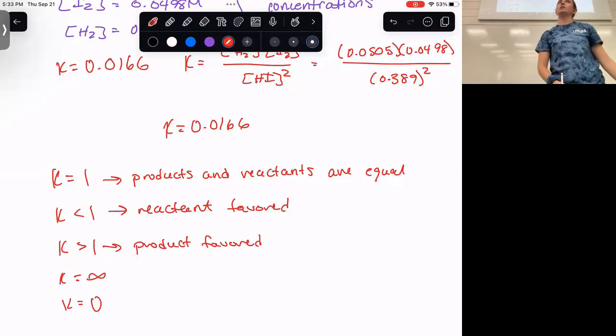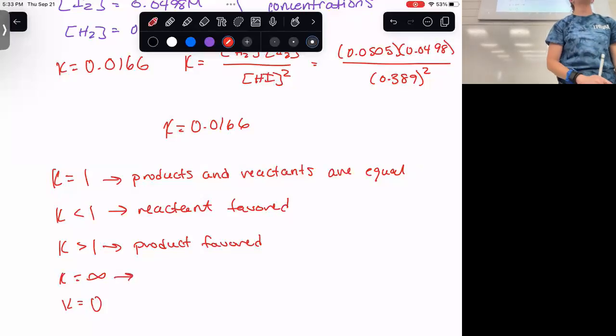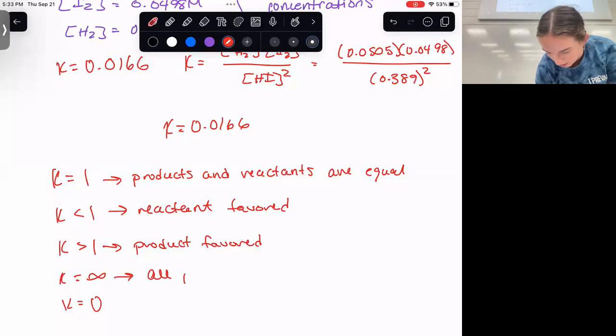What about if it's infinity? What does that mean? It doesn't end. Right, so if we have a really high number on top, then it's going to be infinity. And if it's really, really high on top, that means we have a non-reversible reaction, so this is all products.